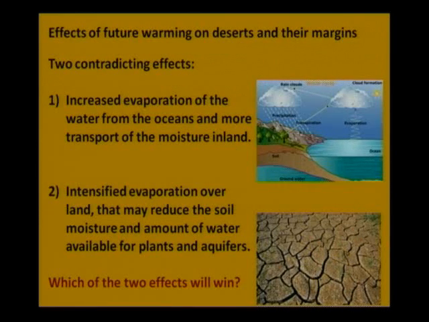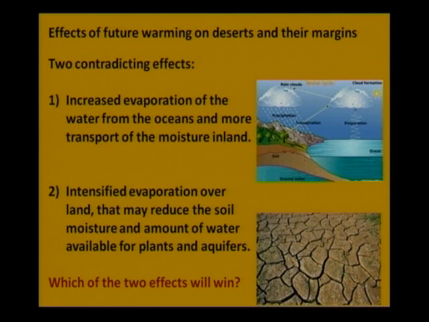Okay, so the effects of future warming on the deserts and their margins are actually two contradicting effects. First, if we have more evaporation of water from the oceans during a warm climate, we bring more moisture into the continents from the oceans. But there is also another effect.